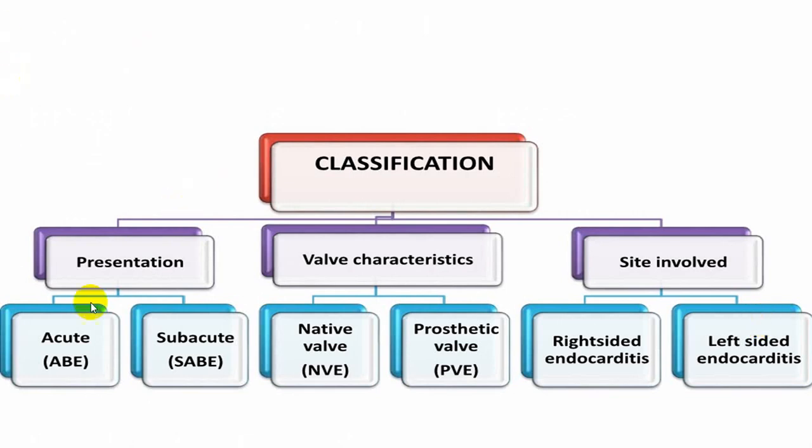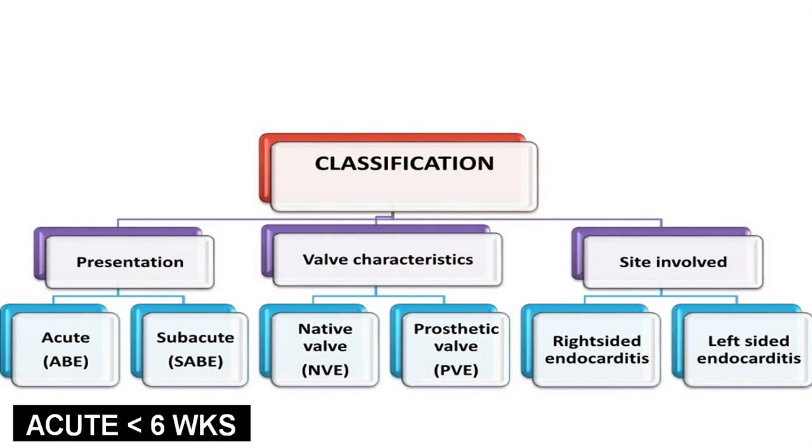So basically they are classified into acute and subacute, native valve and prosthetic valve, right side and left side, depending upon the presentation, which valve is involved and which side is involved. Acute is less than 6 weeks, subacute is more than 6 weeks.